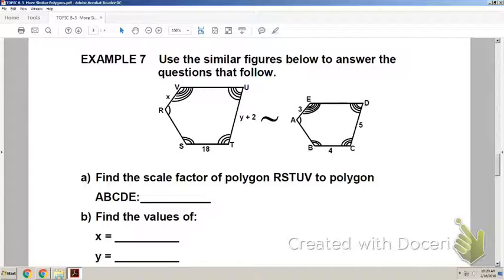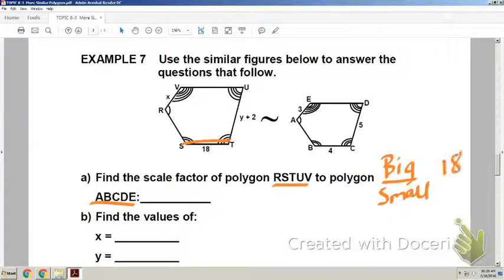First, it says find the scale factor of polygon RSTUV. So since it listed RSTUV first, that's what is going to go on the numerator. When we make our scale factor, we're going to go big to small, since it's RSTUV to ABCDE. So I'm going to pick a side length, and the only one that I see is ST, where it also has the corresponding side length on the smaller polygon.